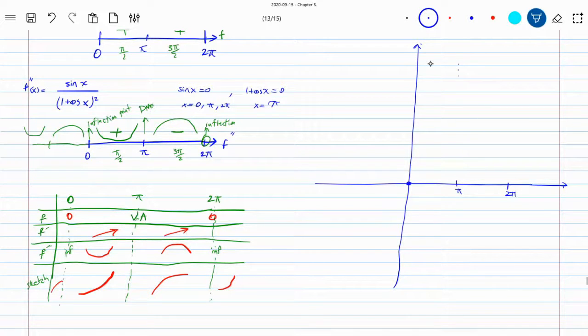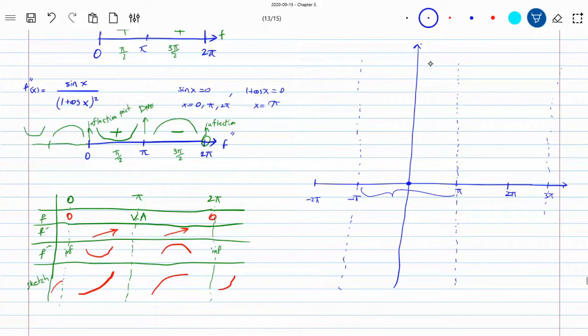At pi, we have a vertical asymptote. That means if I look at negative pi and negative 2 pi here, at negative pi I should have a vertical asymptote as well. Every 2 pi you will see the same behavior. So every distance of 2 pi, you will get the same vertical asymptote. Another at 3 pi, you will have a vertical asymptote again.